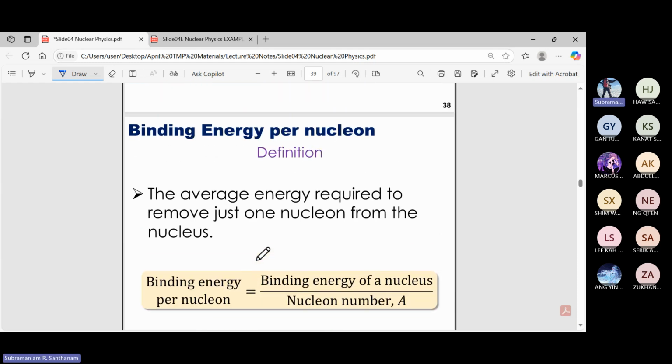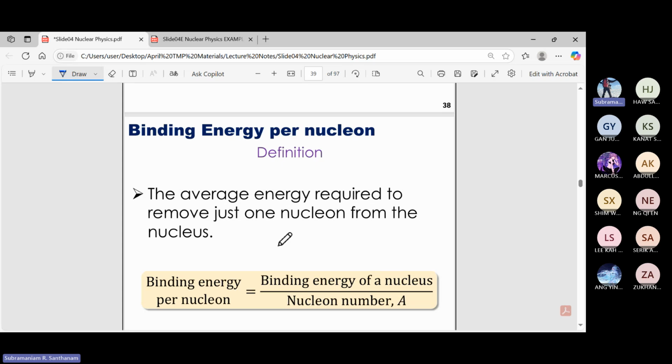So from the binding energy of a nucleus, meaning you are looking at the whole nucleus, all the nucleons inside, we can find the binding energy per nucleon.